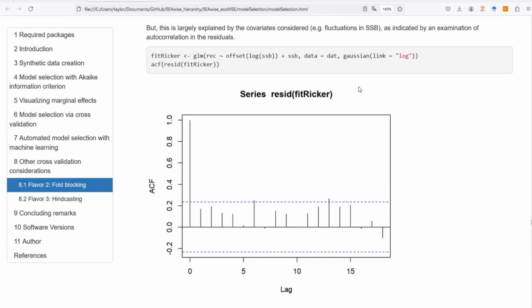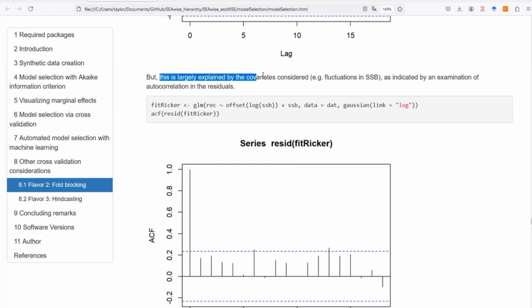This autocorrelation is largely explained by the covariates that are already considered, such as SSB. And what's left over is barely coming across this significance line. So in our case, even with just the fitted Ricker without any environment on top of that, it looks like we don't have much of a problem of autocorrelation in the residuals.